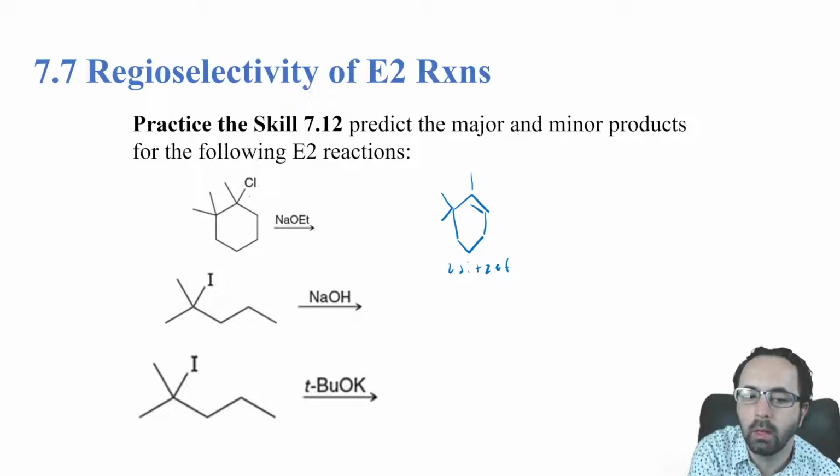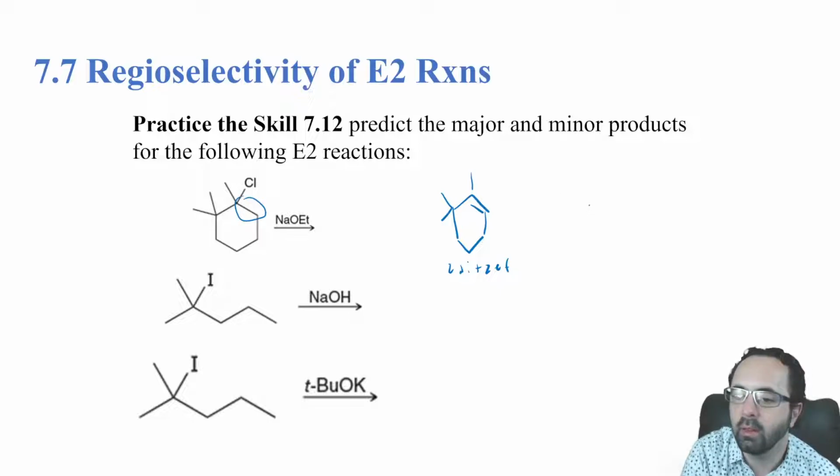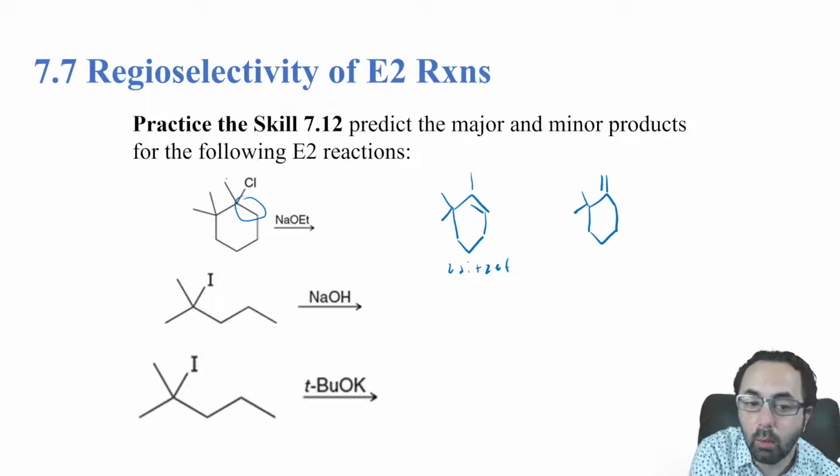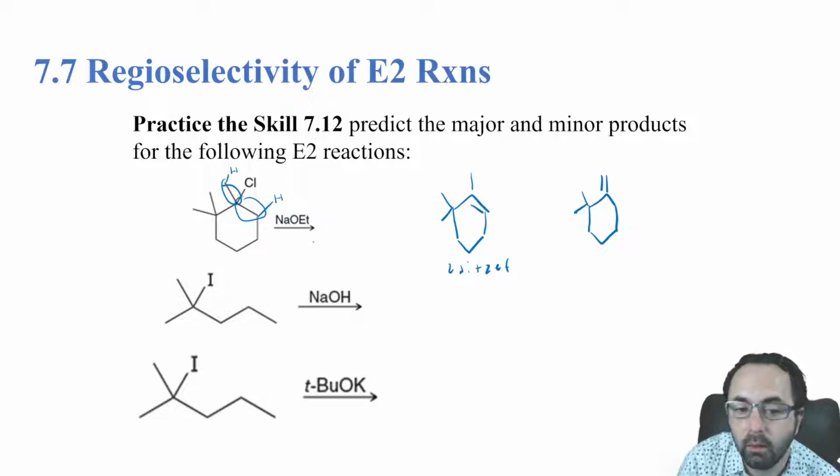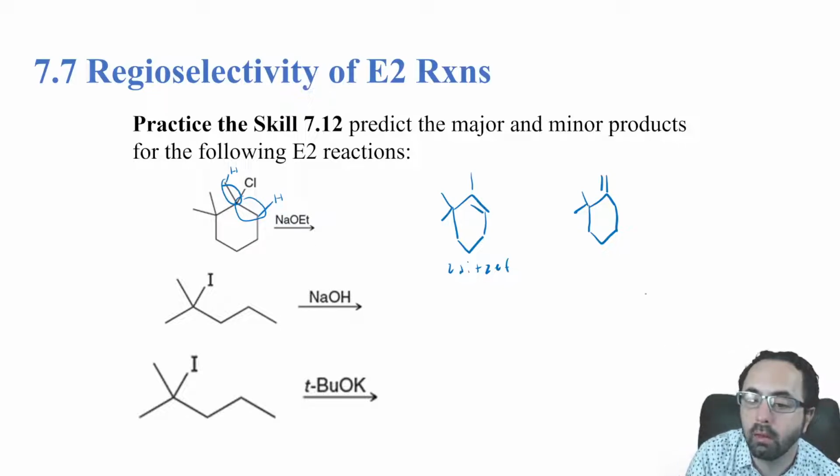So we'd make a bond right here. Whereas the other potential product, the Hofmann product, would be if we make a double bond right here. In this case, it would be this hydrogen here, rather than this hydrogen. And those are our two possible products.